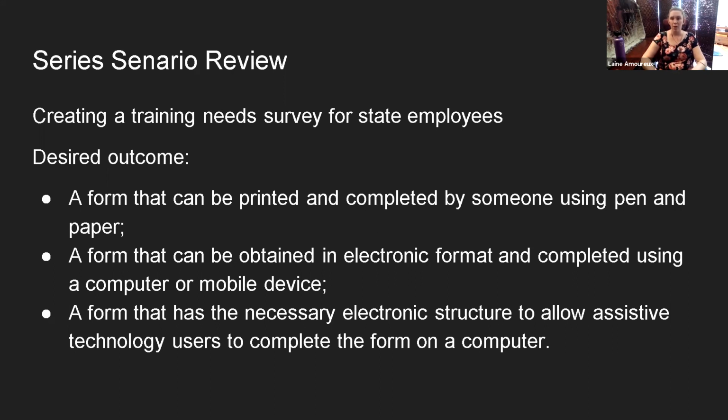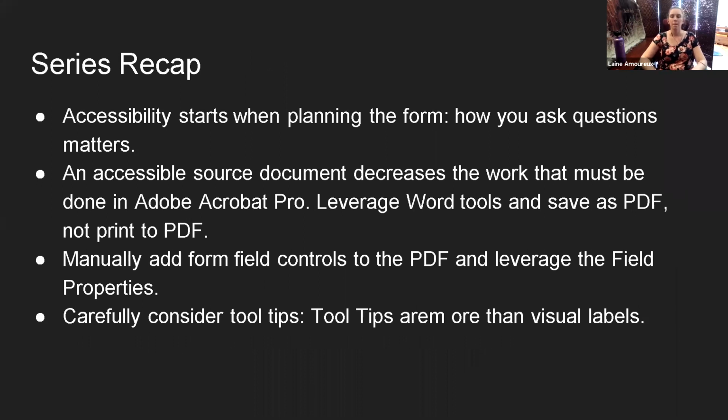The desired outcome for this training needs assessment or survey is a form that can be printed to be completed by someone using pen and paper, or a form that can be obtained and completed electronically by anybody, but taking into consideration the needs of assistive technology users. So a form that has the necessary structure to allow assistive technology users to complete that form as well.